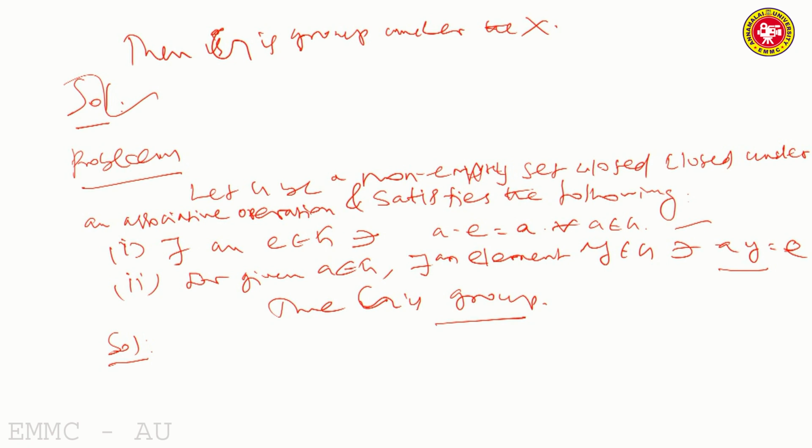To prove G to be a group, it is sufficient to prove: first, E is also a left identity, that is E dot A is equal to A is equal to A dot E for all A in G. Second, every right inverse is also a left inverse, that is A dot Y is equal to E is equal to Y dot A is equal to E.